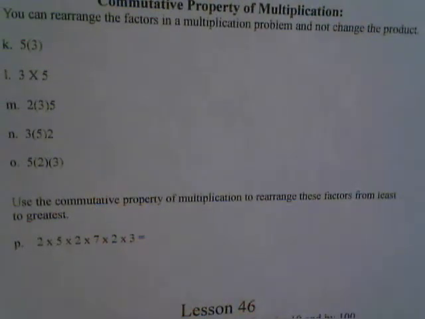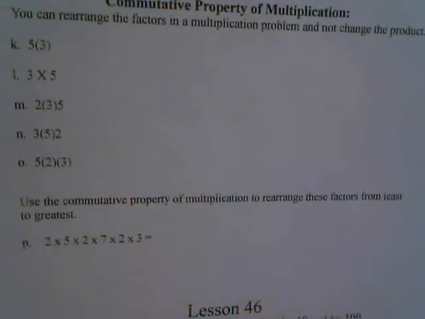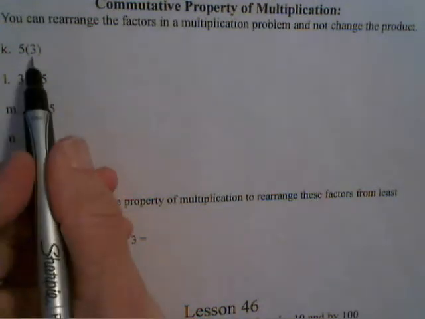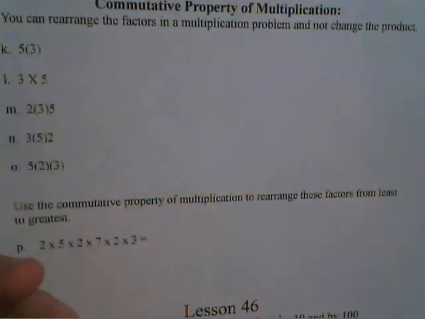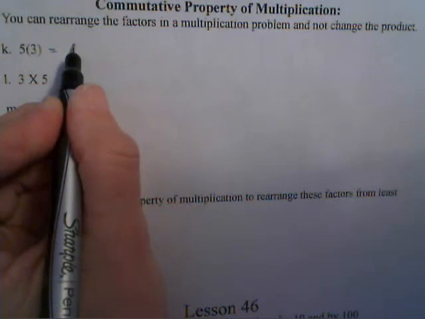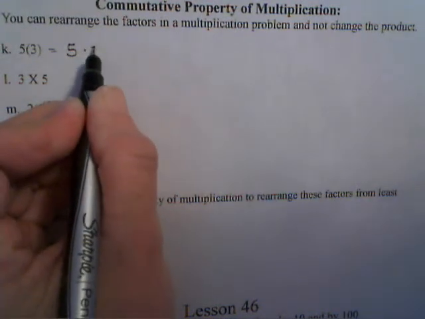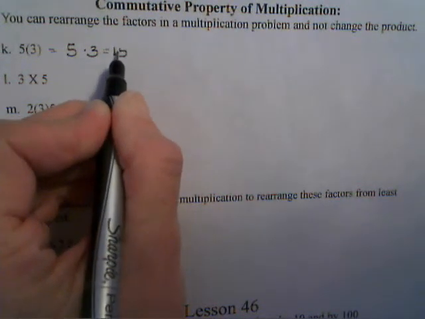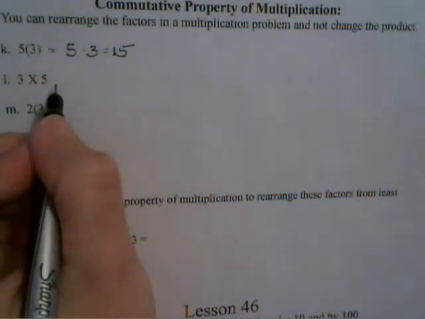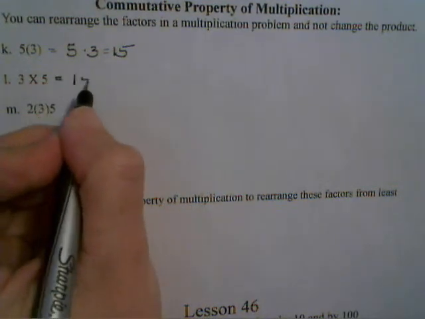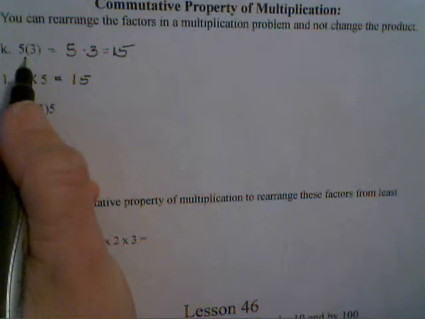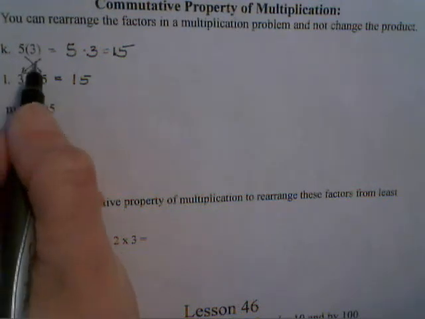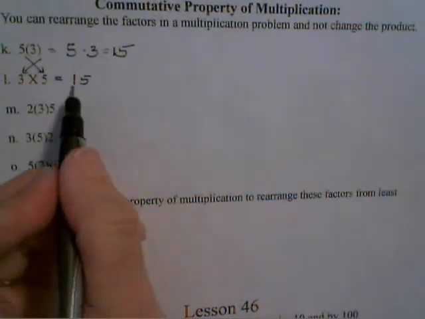There we go. Good enough. For this first one, it says 5 parentheses 3. Well, that's just 5 times 3, which is 15. Here's 3 times 5. What's 3 times 5? 15.